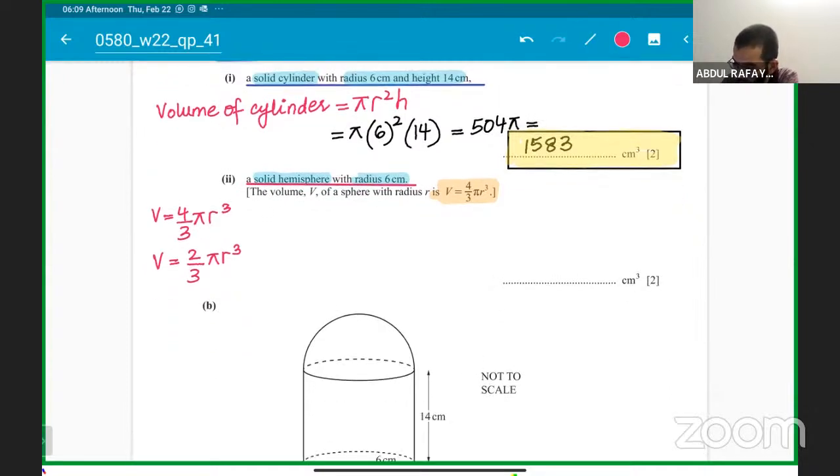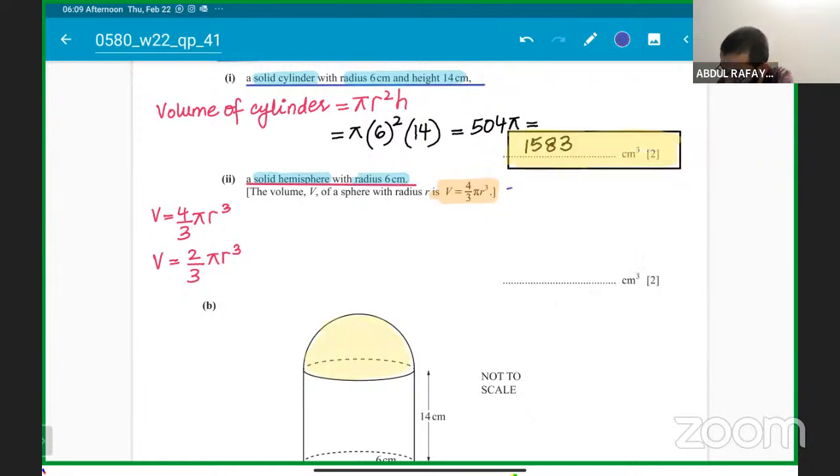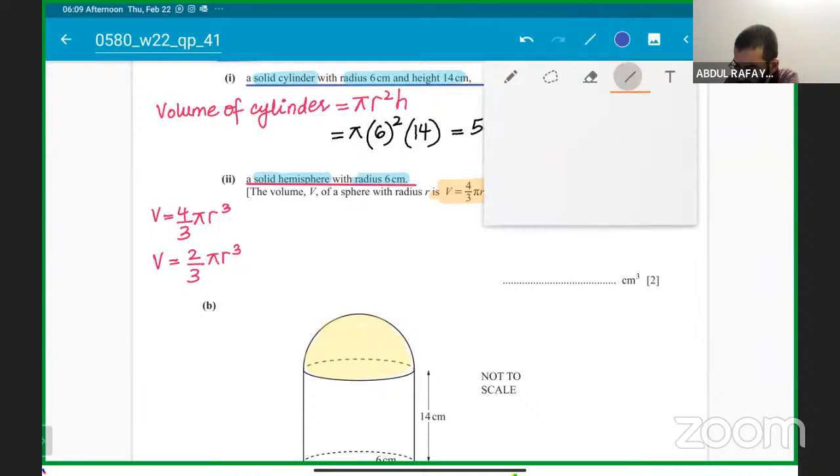Just like the diagram is showing, the volume of the half sphere will be divided by 2. If we divide this by 2, it becomes 1 over 2, so 2 over 3 will be coming.